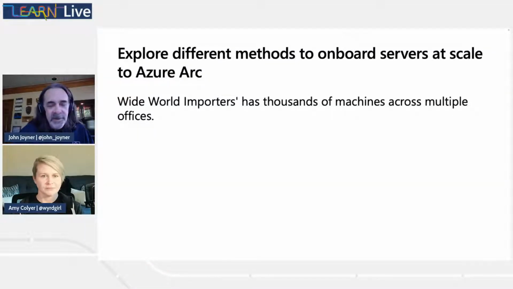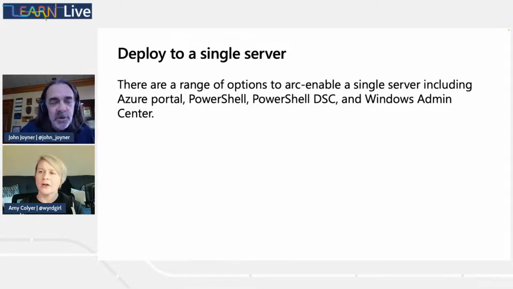Exactly. When we go to the different methods, does it give the list? Because there was one I wanted. Like how you deploy, you can use PowerShell, DSC. Did it have group policy listed? Does not, but you can use group policy. That's in the learning module. It's not in the slide maybe.